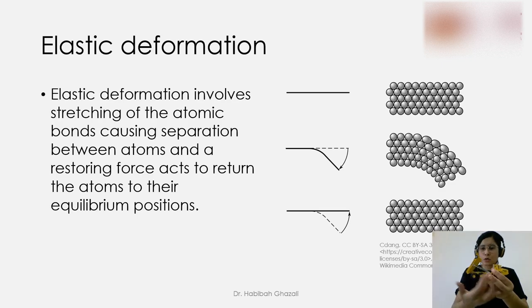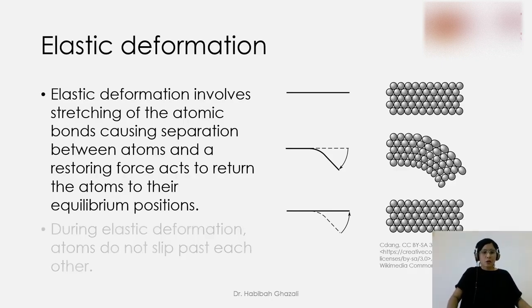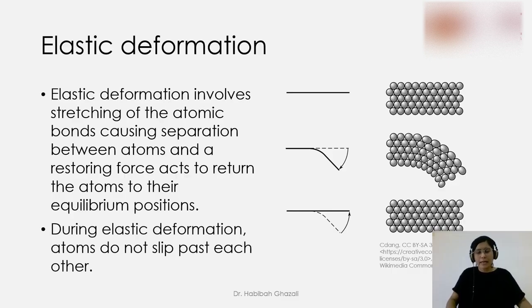For instance, this two-force member here, they will calculate that it will be in a safety region where these materials can only deform in the elastic region. So for structural members, we are going to keep any materials in just their elastic deformation region. During elastic deformation, atoms do not slip past each other.